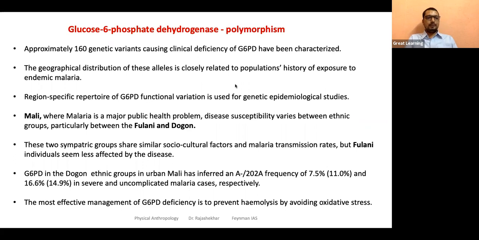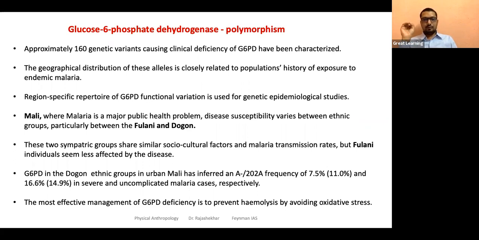For example, in Mali, in Africa, where malaria is a major problem, disease susceptibility is seen to be different in two particular ethnic groups, called Fulani and Dogon. I was looking into a study on this, showing the use of G6PD here in Mali, where they noticed that these two ethnic groups, Fulani and Dogon, both live and share the same socio-cultural factors.